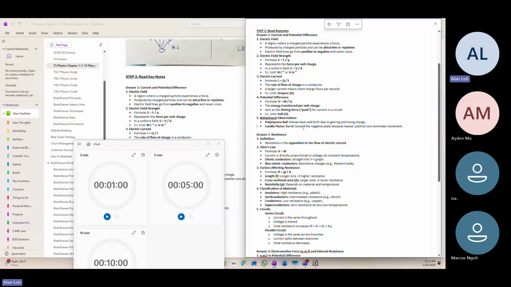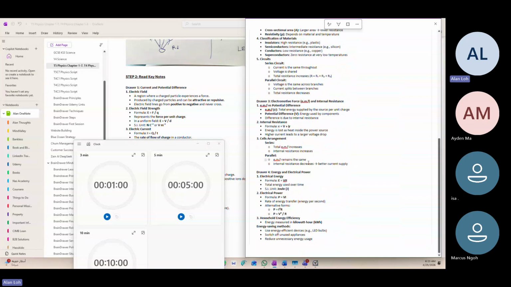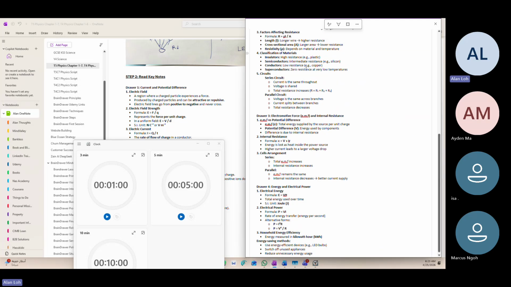All right. So let's continue on the second part, drawer 3 and drawer 4. Let's start now for 1 minute. For those who want to read back drawer 2, you can do it if you have time.